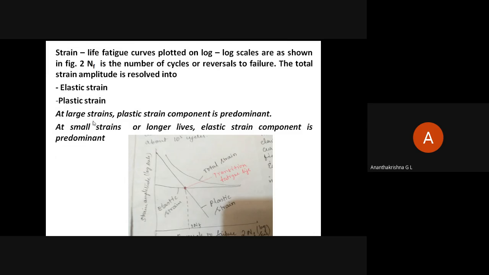So therefore, at large strains, plastic strain is predominant as compared to elastic strain, or for longer life or small strains, elastic strain component is predominant. So elastic strain is for longer lives, whereas in larger strains, plastic strain component is going to be very important or is predominant. Is that okay?